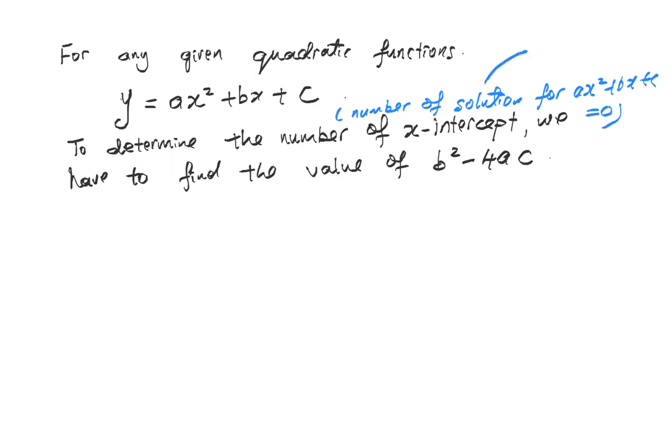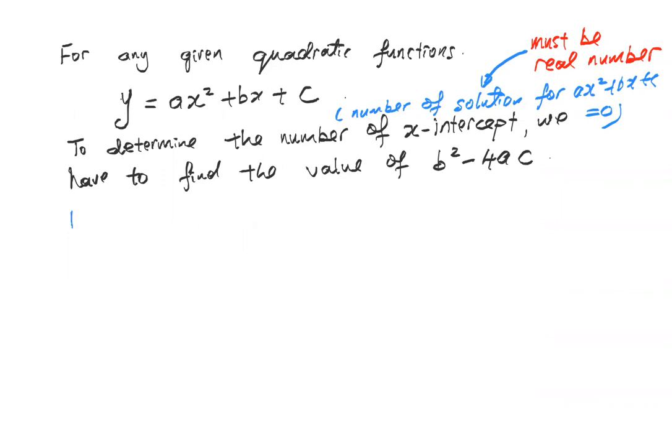And you have to know that solution must be real number. Can the solution be not real? So you won't solve the problem, am I right? So these are the few things that you have to take away. So to determine the number of x-intercept or number of solution for that, we have to find the value of b squared minus 4ac.